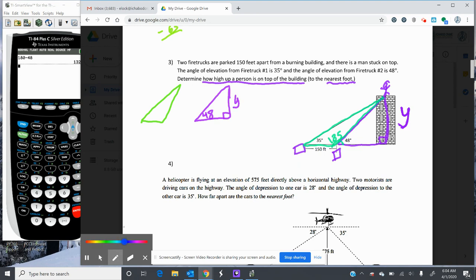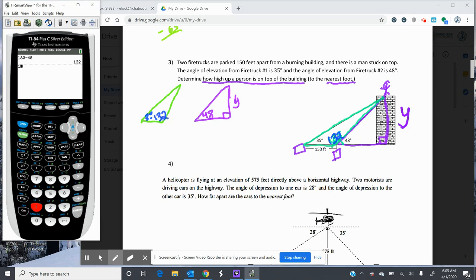In my oblique triangle there, the small triangle, we have 35. We have 148. I'm sorry. Let's do that. 148. 132. I'm writing that correct. 132.